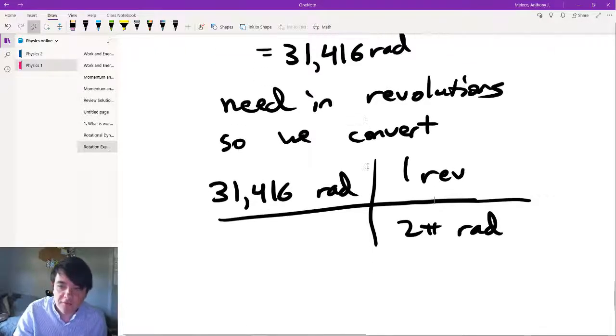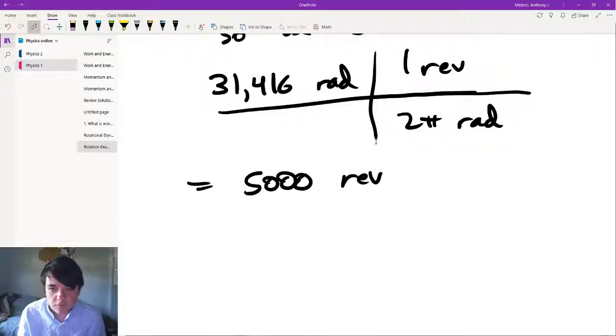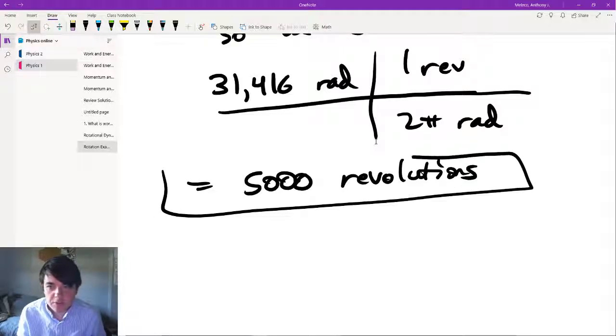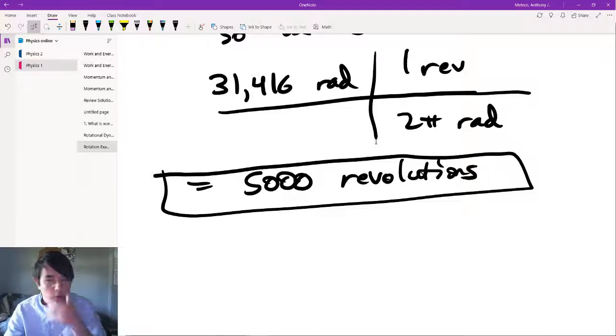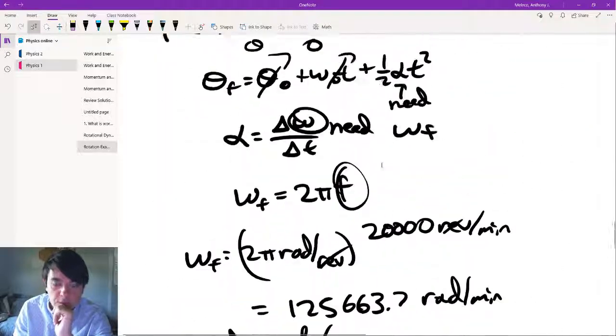If you divide that out, that equals 5,000 revolutions, or 5 times 10 to the 3, but I haven't followed sig figs this entire problem, so there we go. So 5,000 revolutions is our total amount.